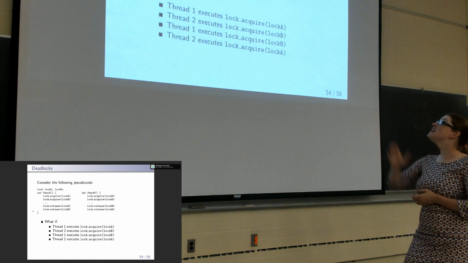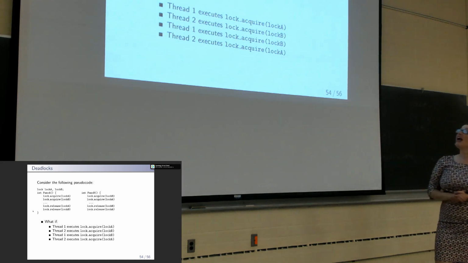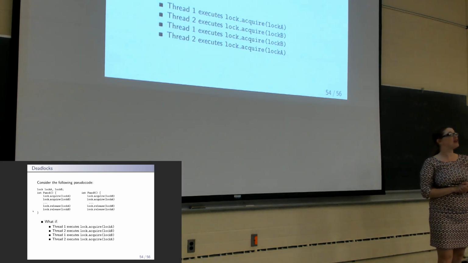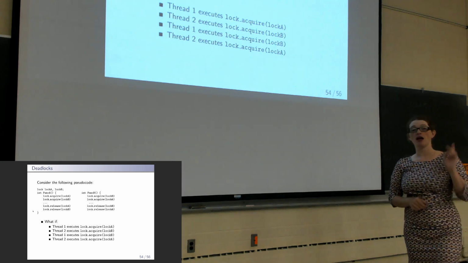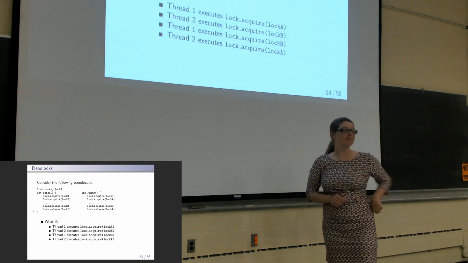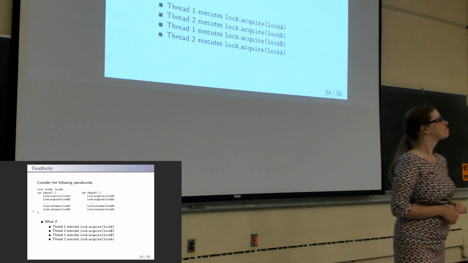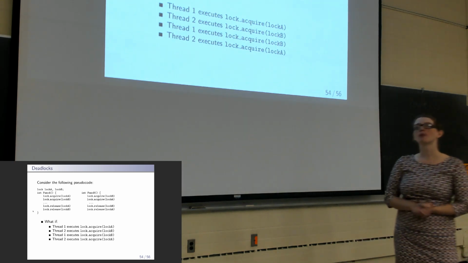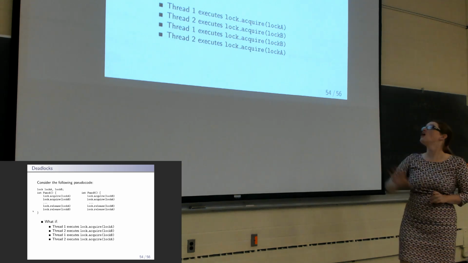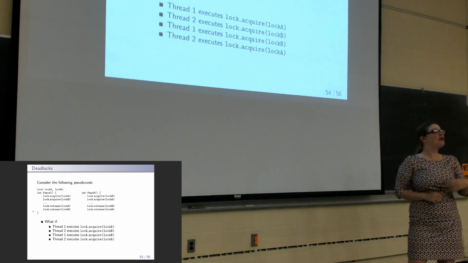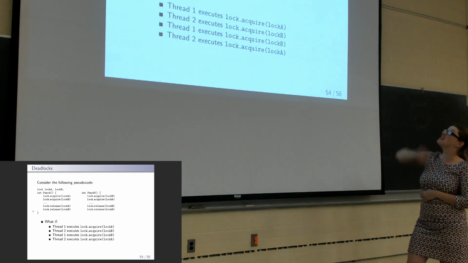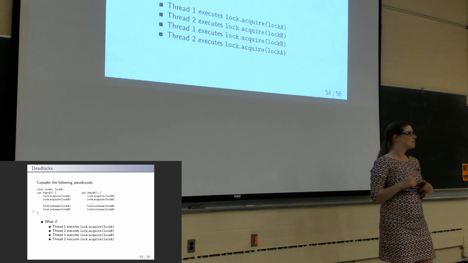Suppose you have these two functions here, and function A and function B both want to acquire the same locks. They want lock A, and they want lock B. But what if function A acquires those locks in the order AB, and function B acquires the locks in the order BA?